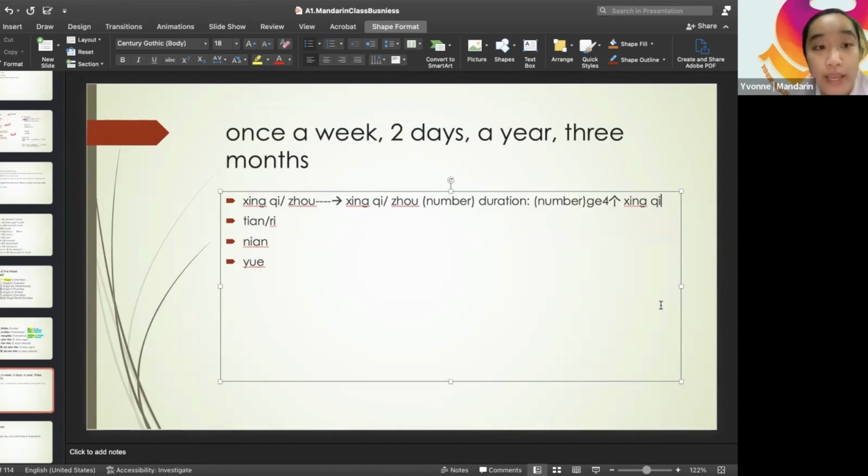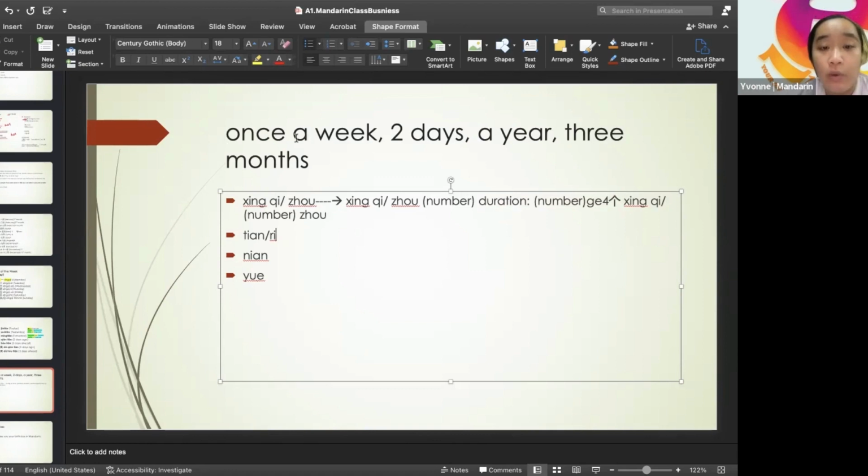So 1 week is 一个星期, if you use the word 星期. What about 周? 周 is even easier. Just the number and then the word 周 is enough. 一周, 一个星期. And we both know that is 7 days, 1 week.